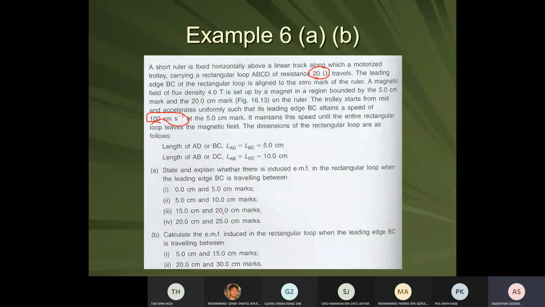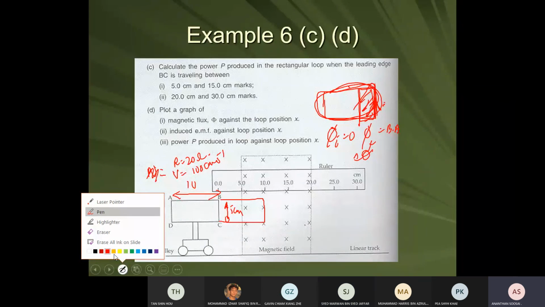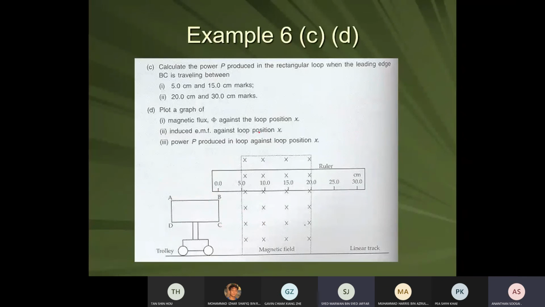15 to 20. Is there any flux change? 15 to 20. So now the coil is completely inside the magnetic field. So 15 to 20 means the coil is already completely inside.